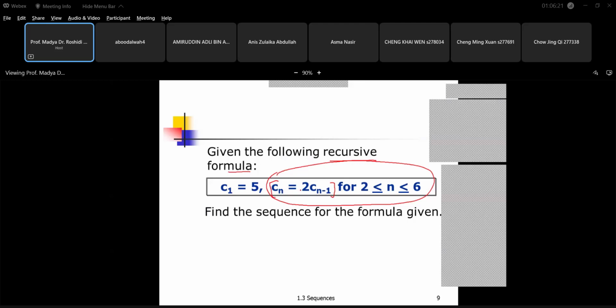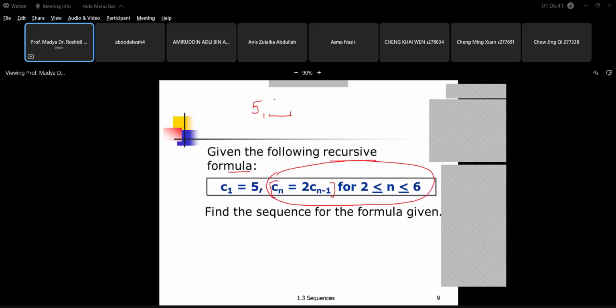So we look at this formula first, this part first. This part says Cn equals 2 times Cn minus 1. So we can see that the starting point is 5. In order to get the second location, we need to utilize this formula.